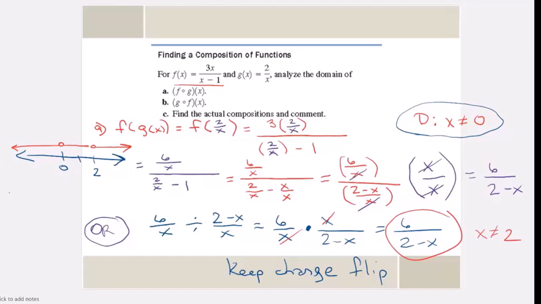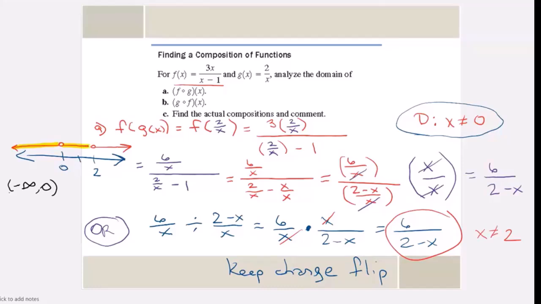Furthest left here is negative infinity. I can go all the way up to 0. At 0, I have to stop. I can't go all the way to 0. But I can then start again right past 0.